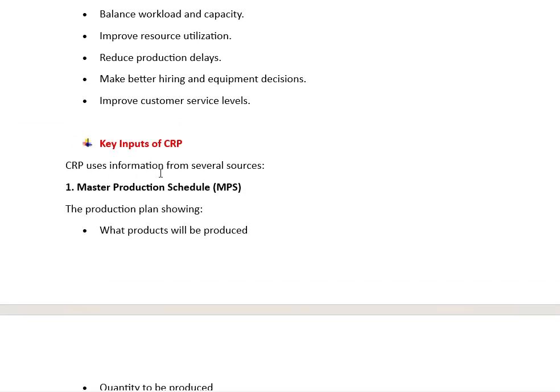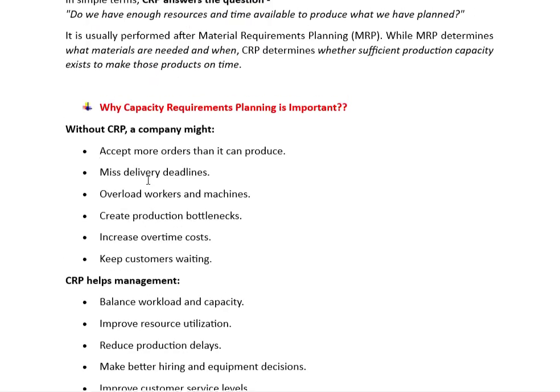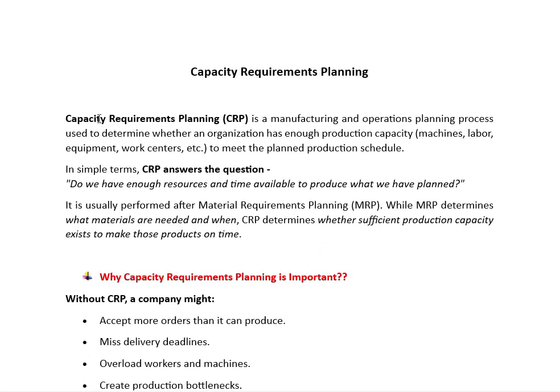These are four key inputs of CRP. CRP helps management, and without CRP, what company can face. And this is a basic definition of CRP and a simple comparison between MRP and CRP.